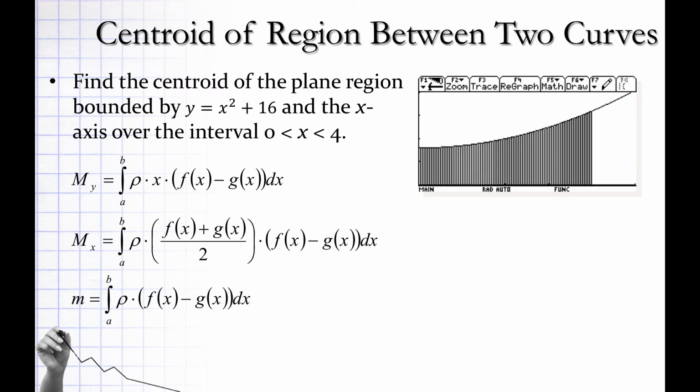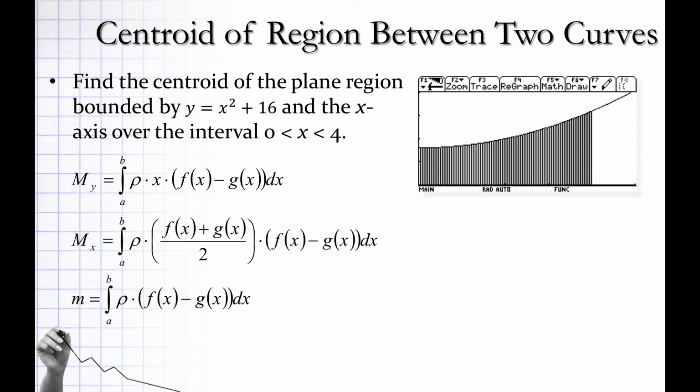So our center of mass is going to be the moment about y divided by our mass, comma, our moment about x divided by mass.